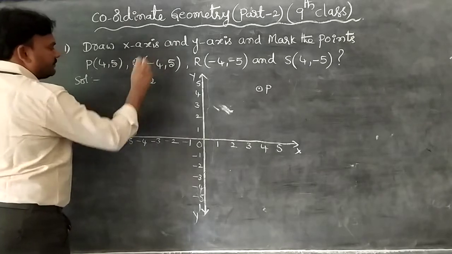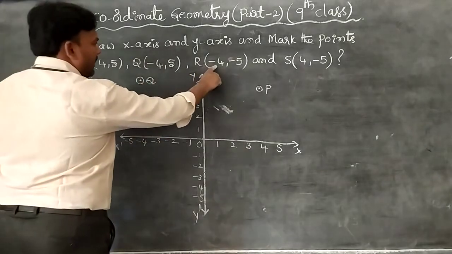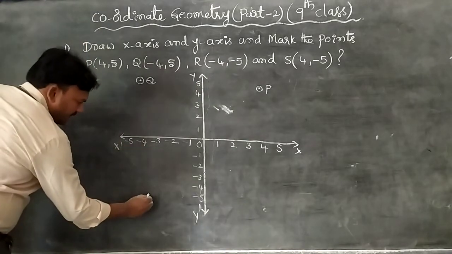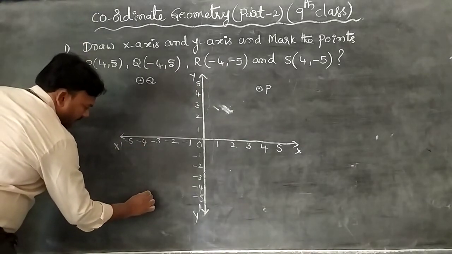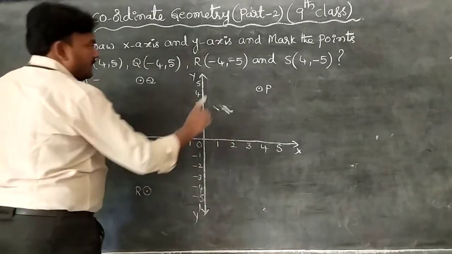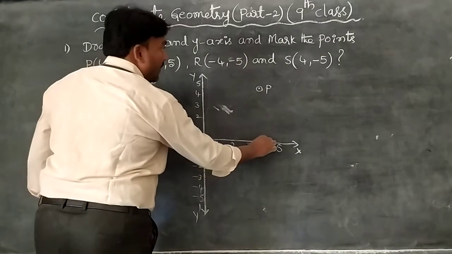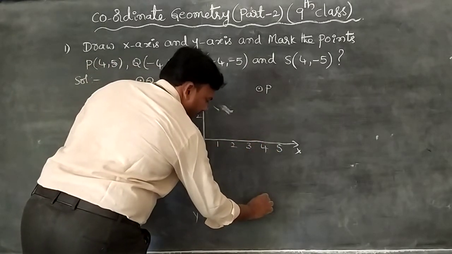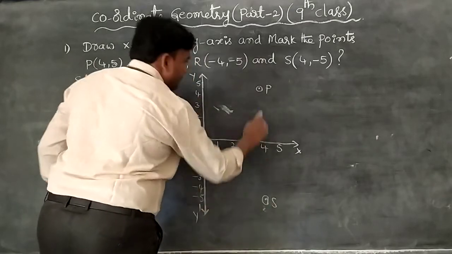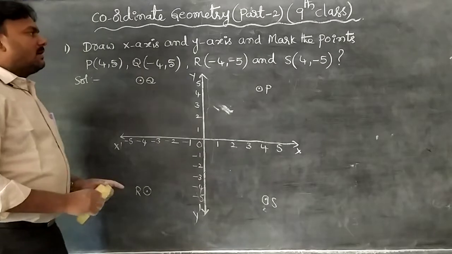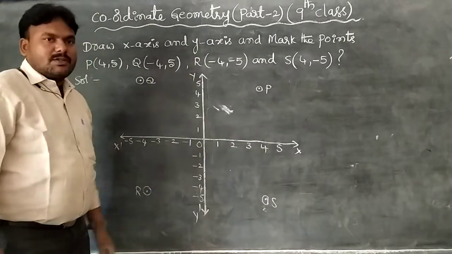This is Q. Next, R is (-4, -5). The x value is -4, the y value is -5. This is R. Next, S is (4, -5). So this is S. P, Q, R, S. This is how to locate the points on a graph sheet, students.